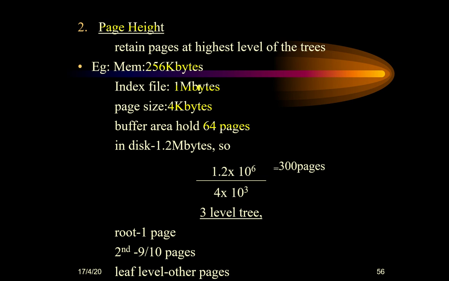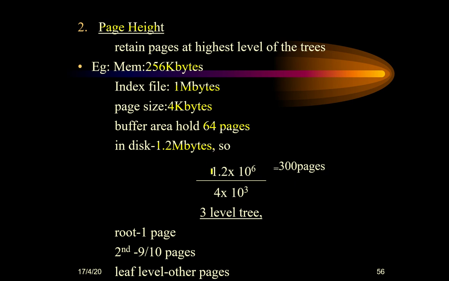When I store that 1 megabyte on the disk, because of fragmentation or additional delimiters which we use, my disk might use 1.2 megabytes of data. In that case, how many pages do I require?